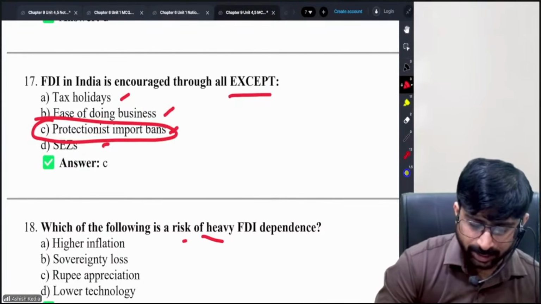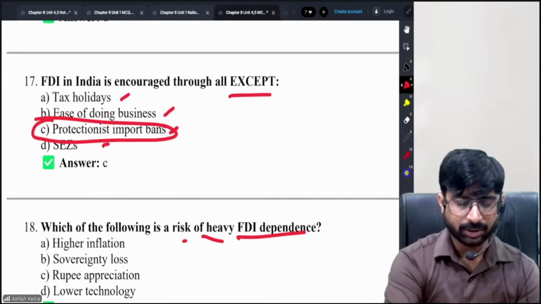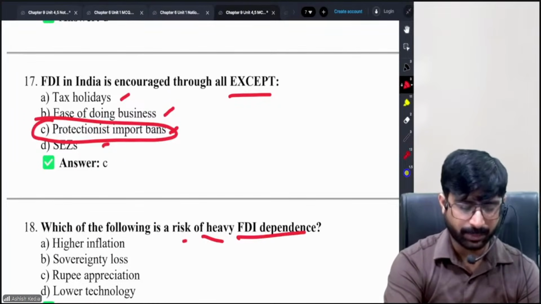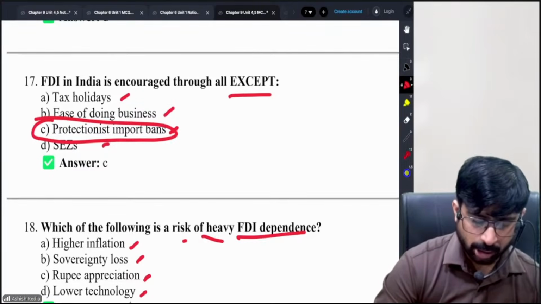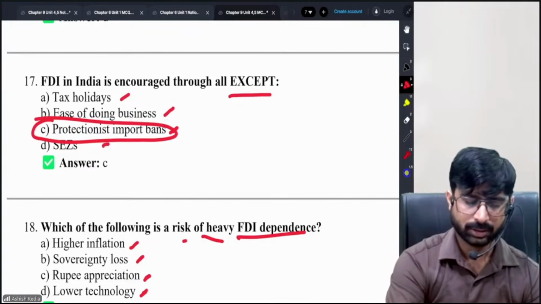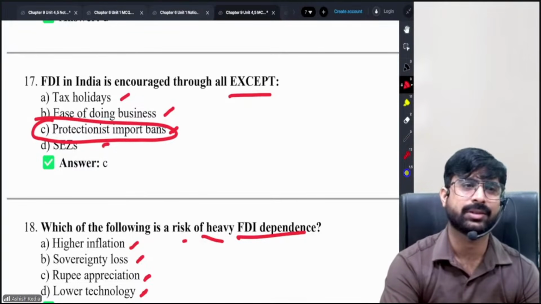Which of the following is a risk of heavy FDI dependence? Higher inflation, sovereignty loss, rupee appreciation, lower technology?